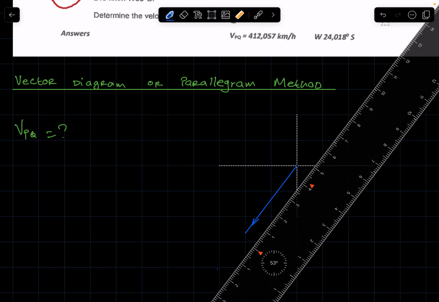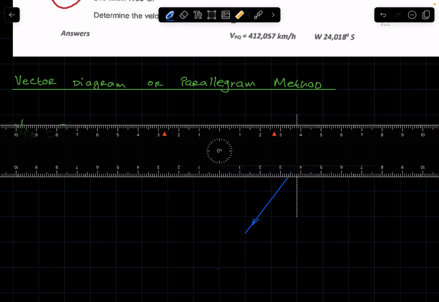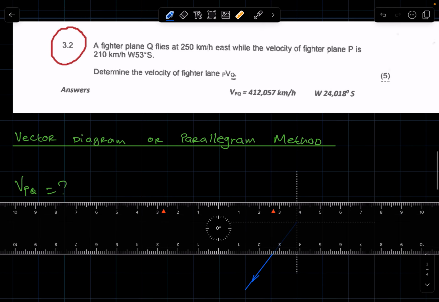And then the object, being object Q, is 250 kilometers per hour. Remember, we divide this by 100, we get 2,5, and then multiply that by 2, and we get 5 centimeters. Now remember that for the object you draw in a direction that is opposite the one you've been given. Seeing that Q, as per the statement, is going east, opposite of that would be west.